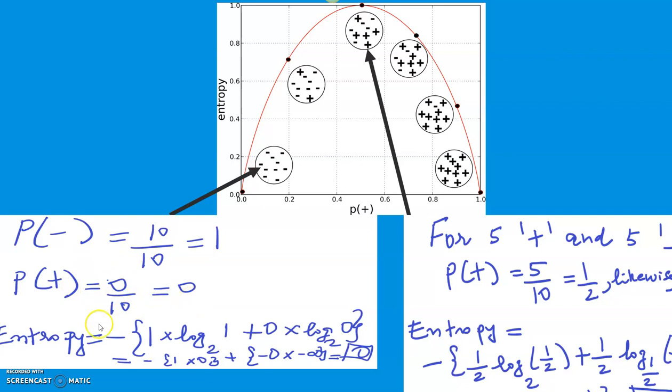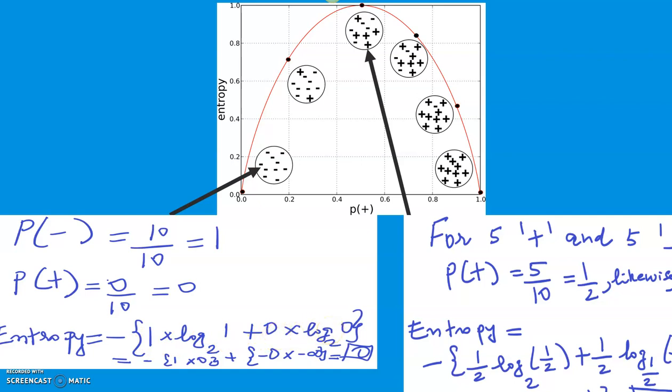So the entropy for this particular set here is, the formula has a negative sign in front. Probability of negative is 1 times log of 1, plus the probability of a positive is 0 times log of 0.